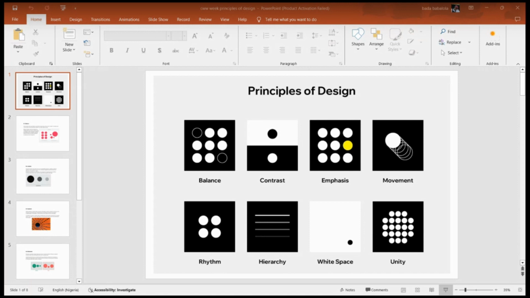Balance. When we talk about balance, in accounting it means that your debit side is the same as your credit side. You are not owing anybody, nobody is owing you. That means you have a balanced account. In a normal sense, we can say we are balanced as human beings. We have two legs of the same size and length.